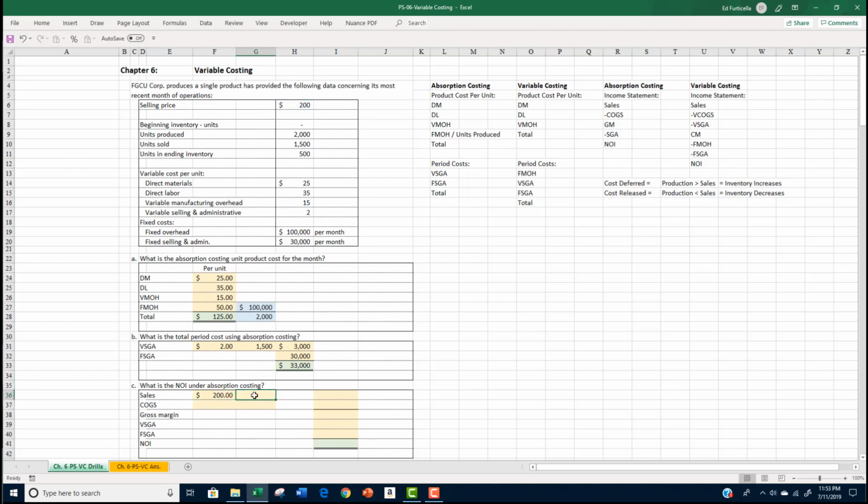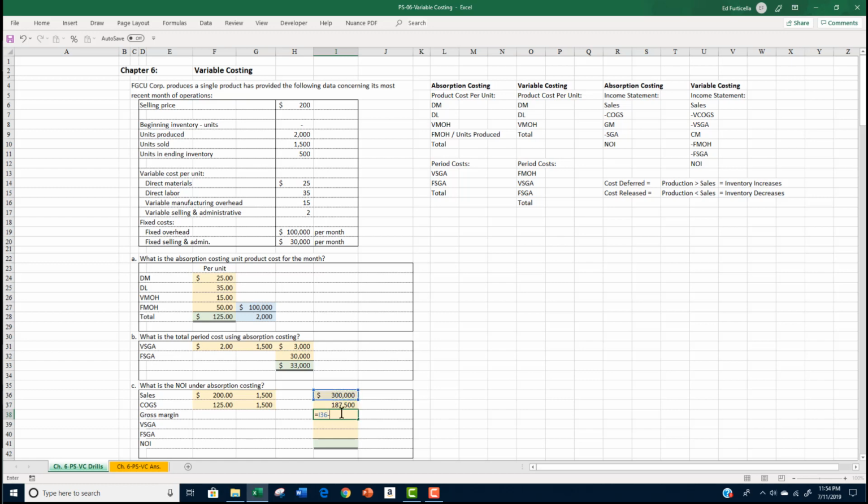For our cost of goods sold, we take the $125 that we calculated for total unit product cost, multiplied by the units sold, 1,500, and we get $187,500. The gross margin is the difference between 300,000 and 187,500, or 112,500.